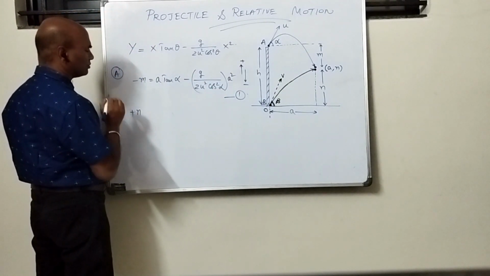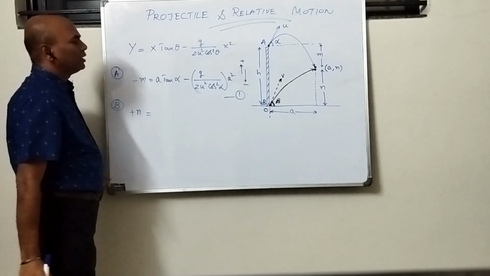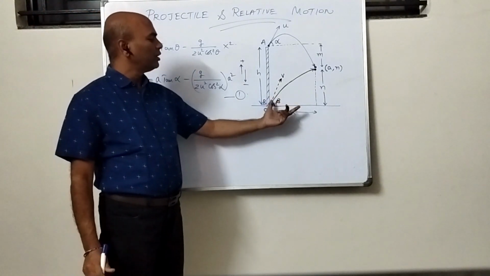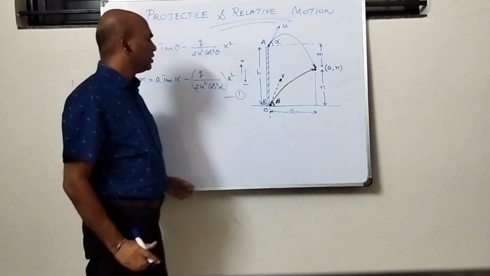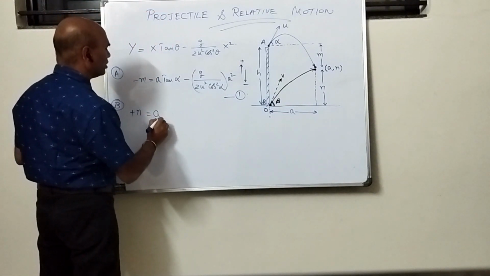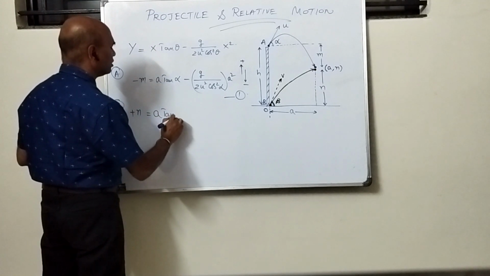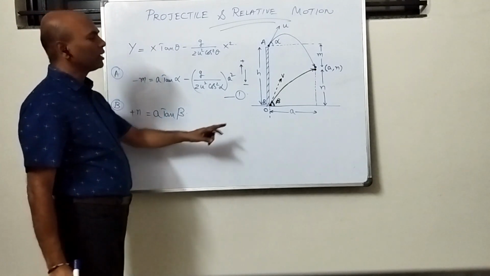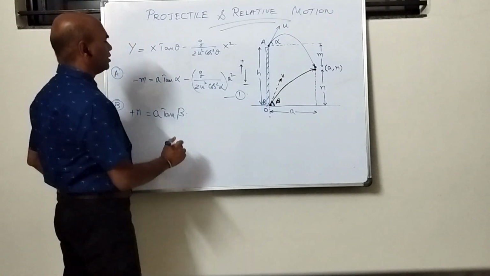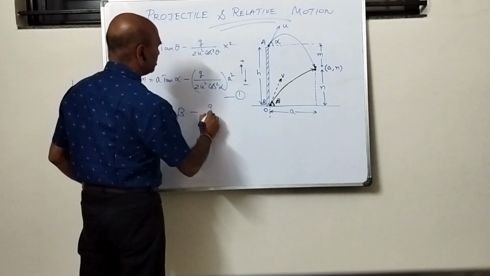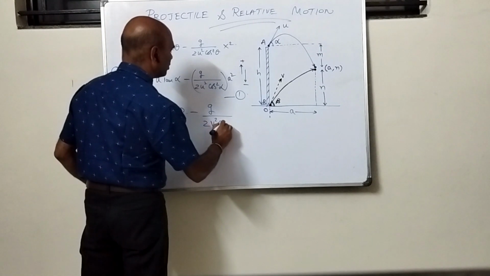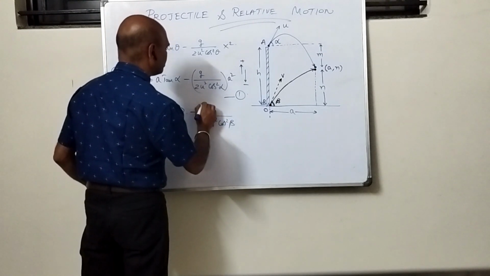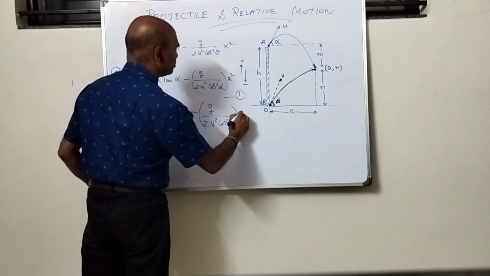It would be plus n is equal to x tan theta. Here the displacement again for this particle is a, so I would replace it as a into tan beta. This time the angle of projection is beta, minus g by 2v square cos square beta into a square.